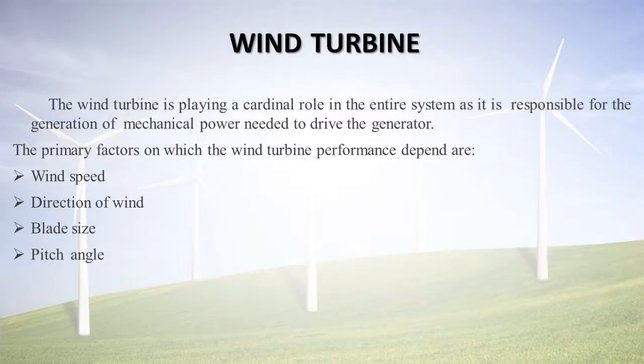Okay, the wind turbine is playing a cardinal role in the entire system as it is responsible for the generation of mechanical power needed to drive the generator. The primary factors on which the wind turbine performance depends are wind speed, direction of wind, blade size, and pitch angle.